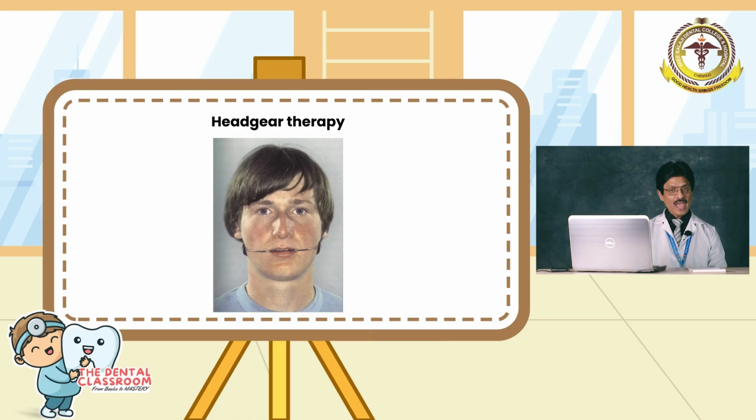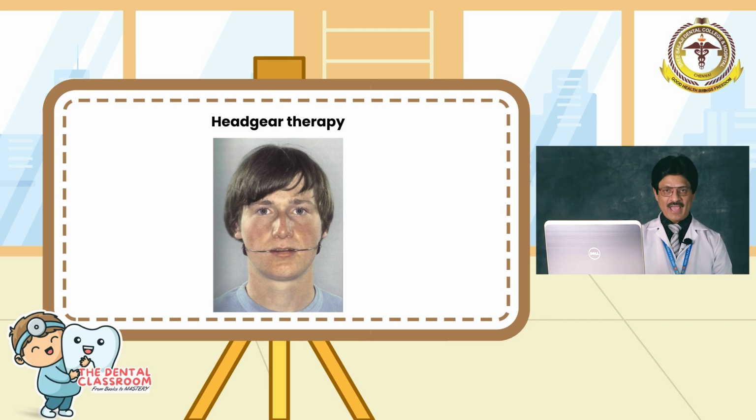So to get going, at the outset, we would like to know what is anchorage. Anchorage is the nature and degree of resistance to displacement offered by an anatomic unit when used for the purpose of effecting tooth movement. Anchorage can be got from different parts of the head.